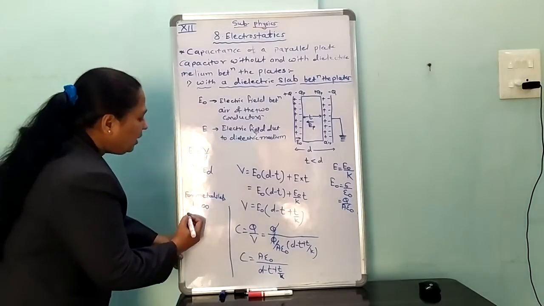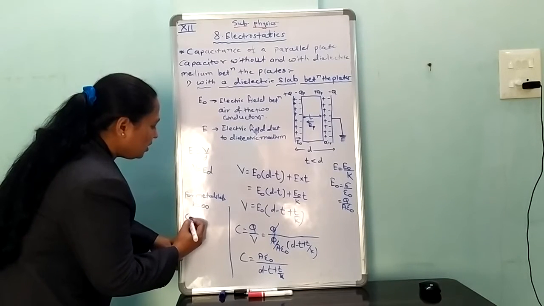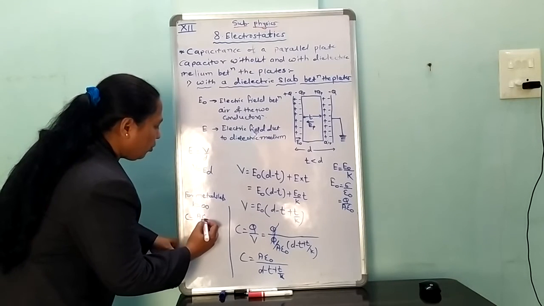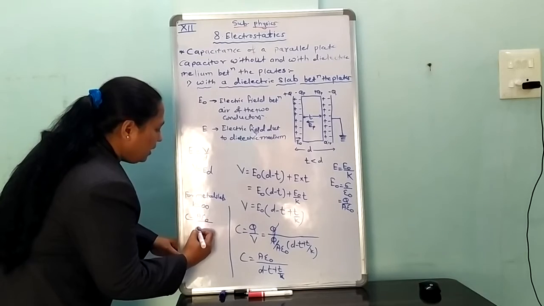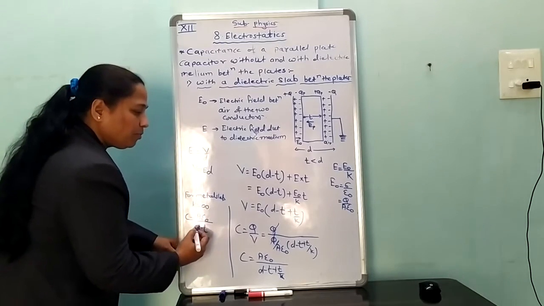Therefore, C is equal to A epsilon naught upon D minus T.